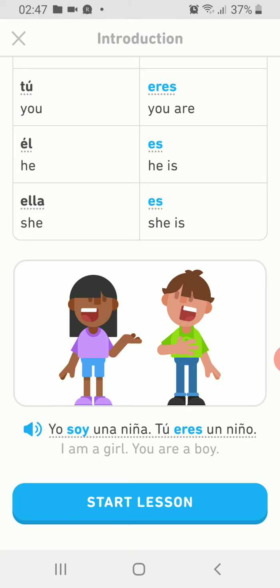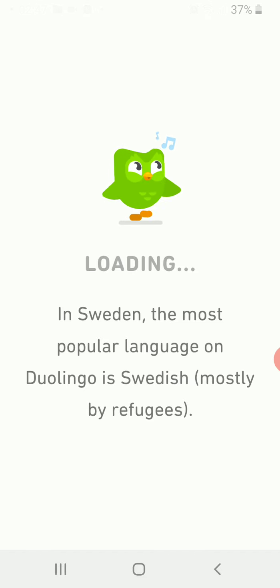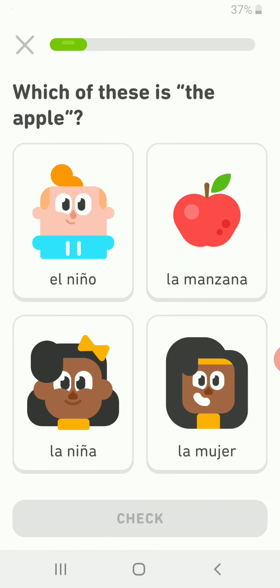Alright, I hope this recapitulation or summary of what we've learned previously was helpful. Let's get back to the lessons. So, are we going to do again the same thing? Looks like it, but it doesn't matter. These are just the words that we've learned.